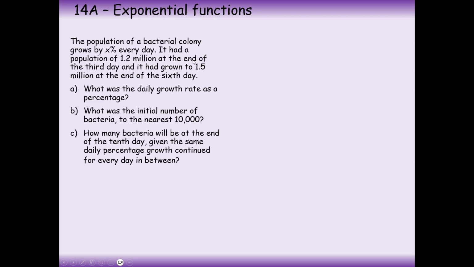It had a population of 1.2 million at the end of the third day, and it grew to 1.5 million at the end of the sixth day. So when time is 3, it has 1.2 million, and when time is 6, it has 1.5 million. What is the daily growth rate as a percentage?